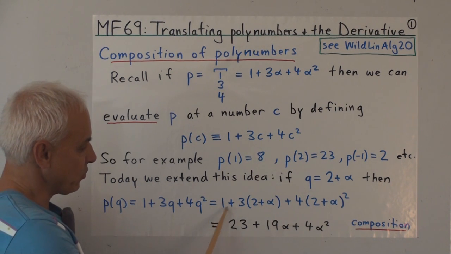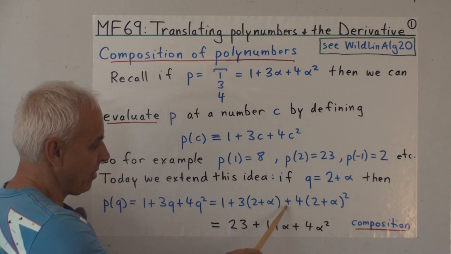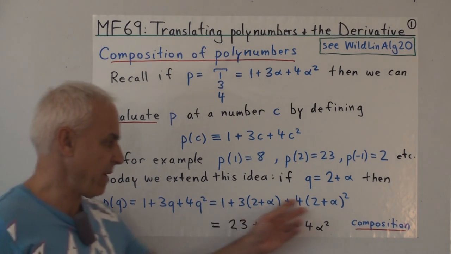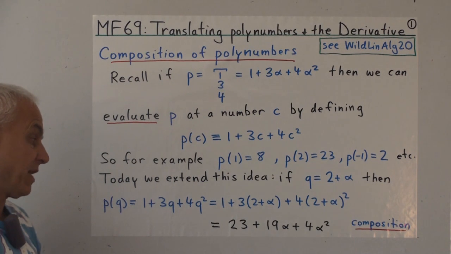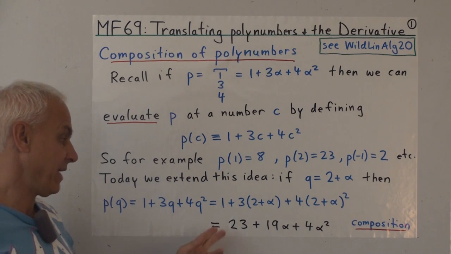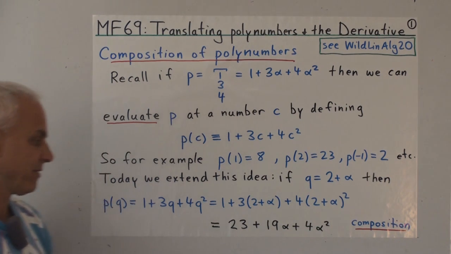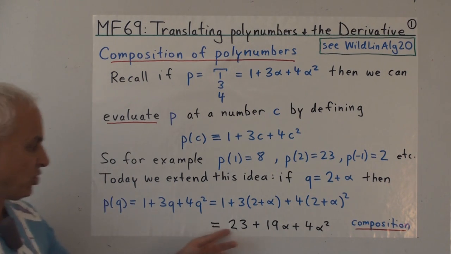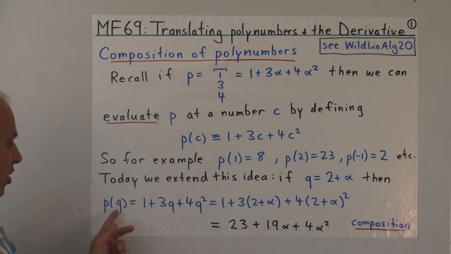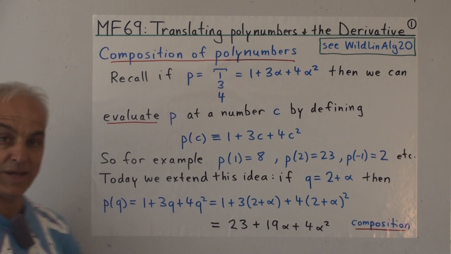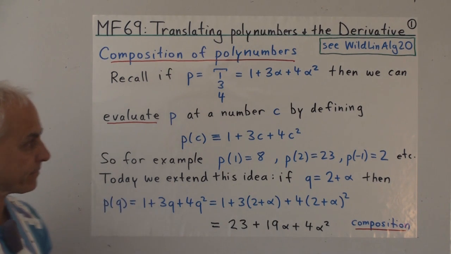And explicitly, there's 1 plus 3, there's the Q, plus 4Q squared. And then we can just expand this out using our arithmetic for polynumbers and get 23 plus 19 alpha plus 4 alpha squared. And this new polynumber is the composition of P and Q. It involves both P and Q, sort of Q inside P.